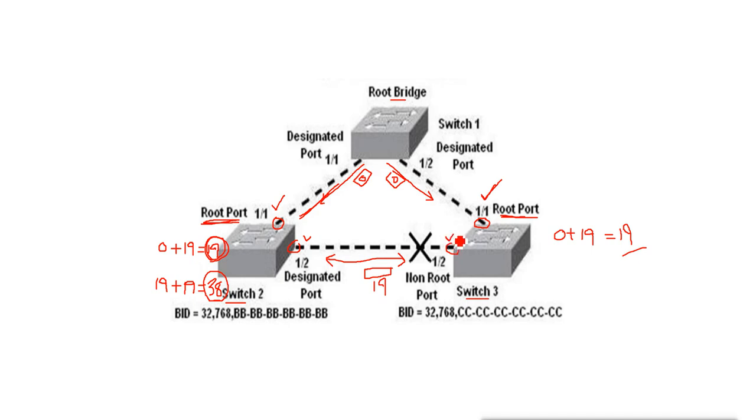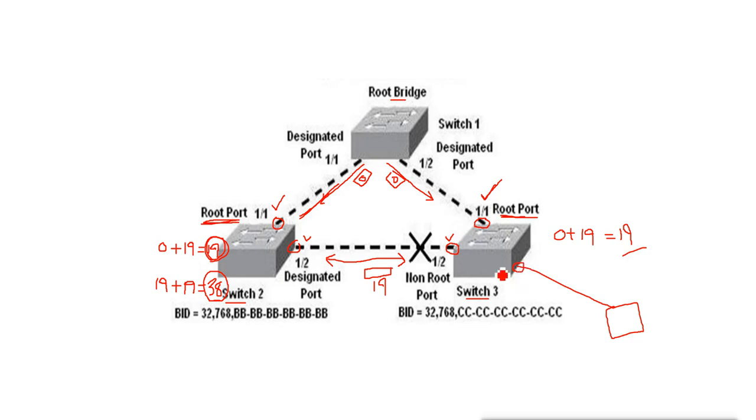Now remember, if a port is connected to any other normal machine, no BPDUs will be exchanged here. So there is no cost and no path and nothing. So these ports will remain in normal forwarding states.